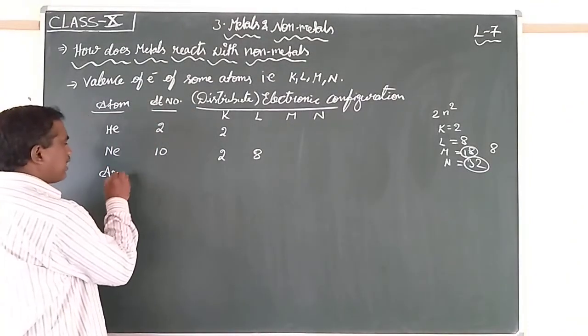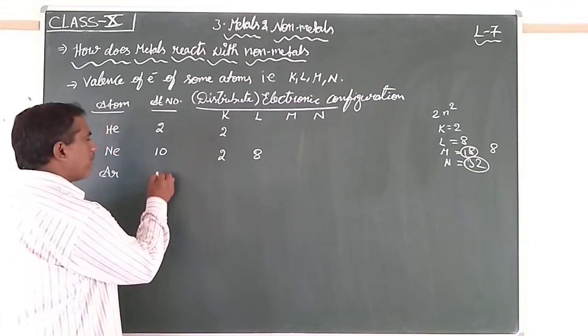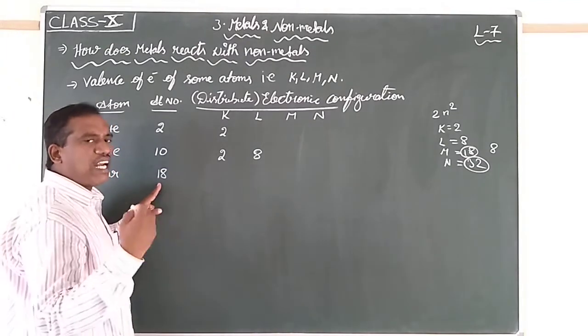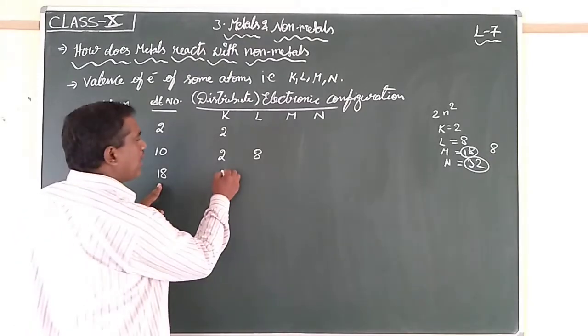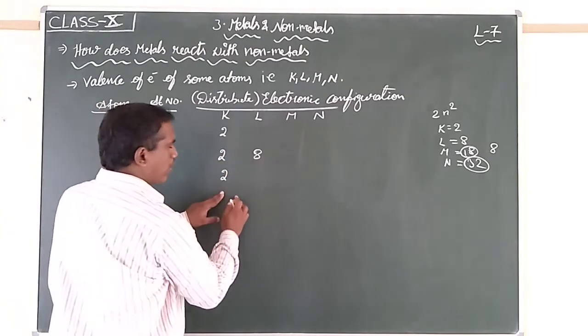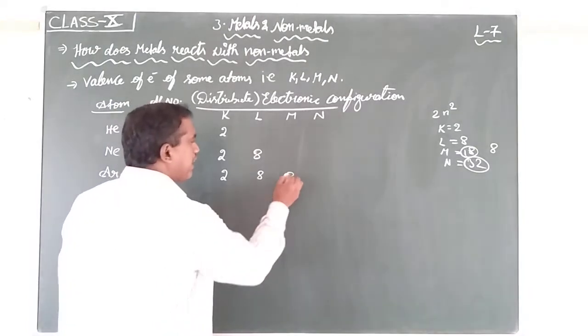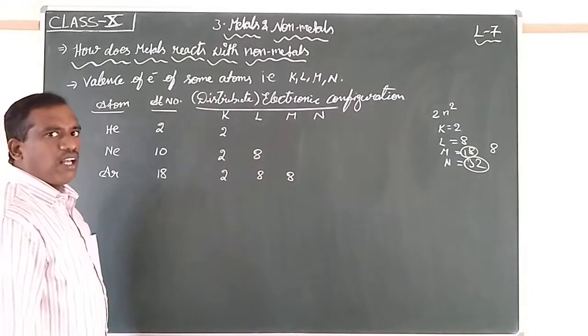And we used another atom, argon. What is the atomic number of argon? 18. How do we fill these 18 electrons into the shells? 2 in the K shell, 8 in the L shell, and the remaining 8 in the M shell.